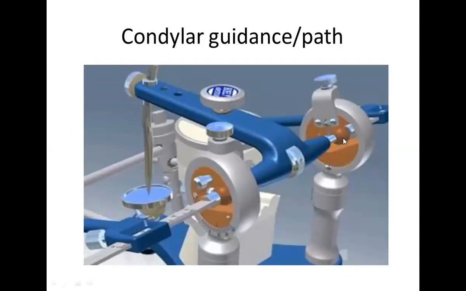See this slot, you can observe this slot. This is a ball. This is called the condylar analog. You can see this slot here. This is called the condylar guidance slot. This slot basically represents the forward and downward movement.